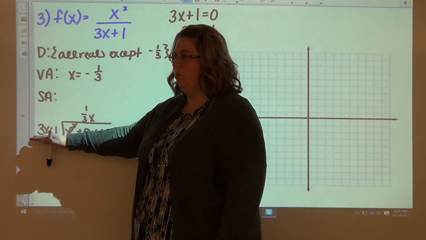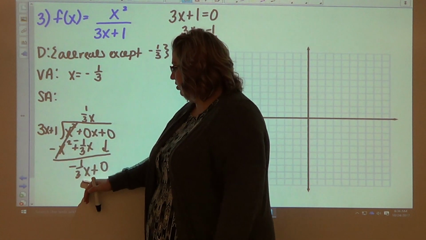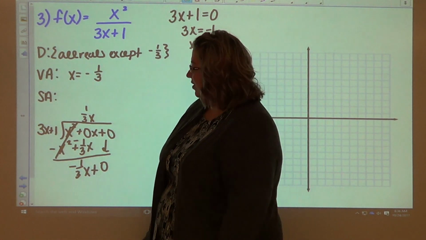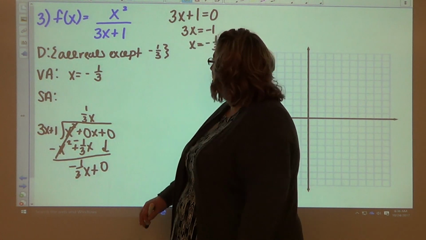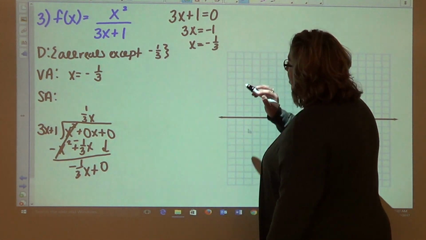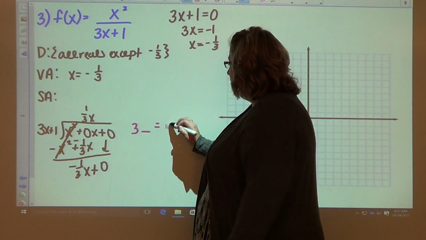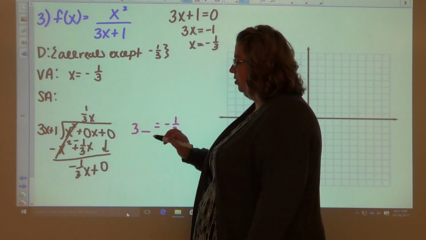Okay, so now we need to figure out what 3x times will get -1/3. Well, we don't need to have an x, we need to have a number. So what times 3 will give me -1/3?